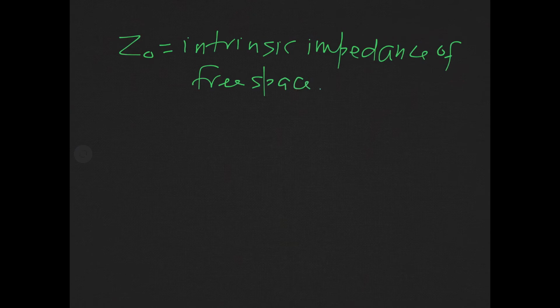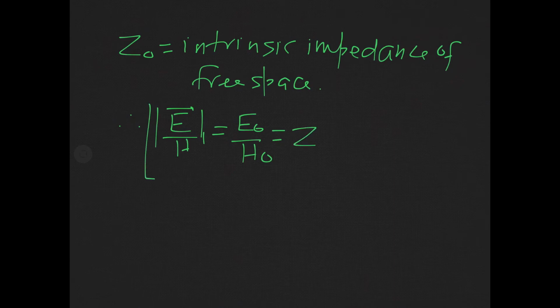Intrinsic impedance of free space. And therefore we can write it in this manner: modulus of E by H is equal to E naught by H naught, and this will be equal to Z. And what is this Z?